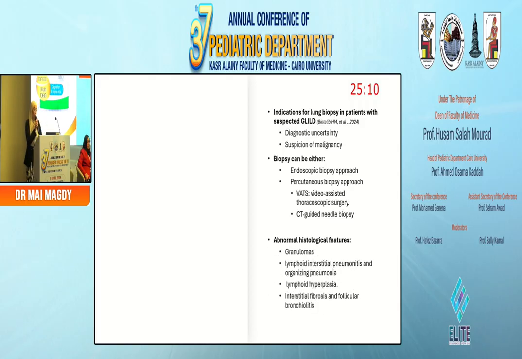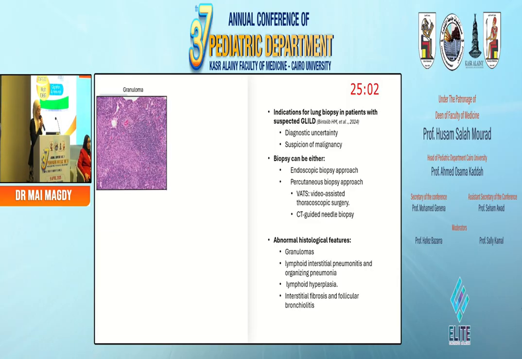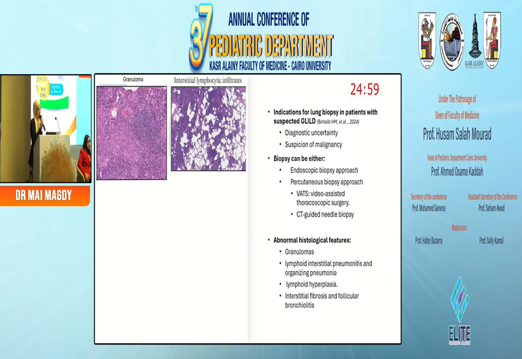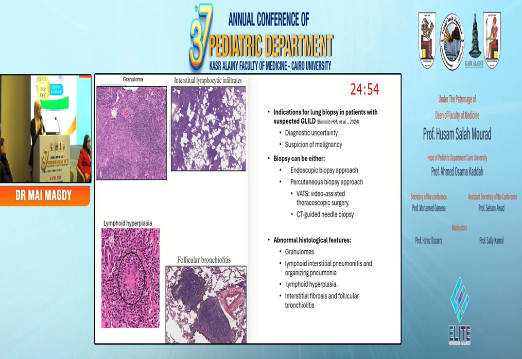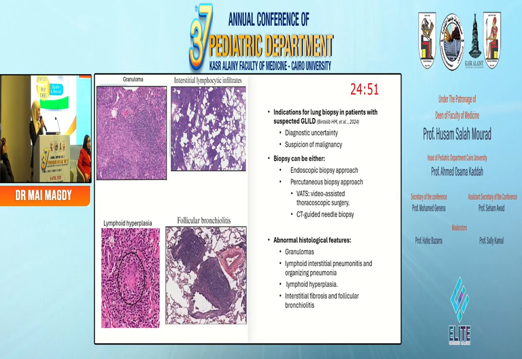There are abnormal histological features that suggest the diagnosis of granulomatous ILD: granulomas, lymphoid interstitial pneumonitis and organizing pneumonia, lymphoid hyperplasia, interstitial fibrosis, and follicular bronchiolitis.